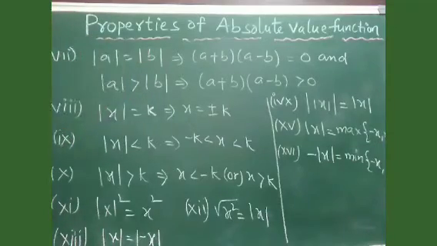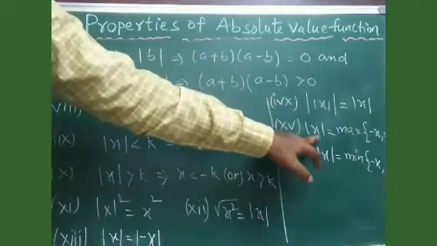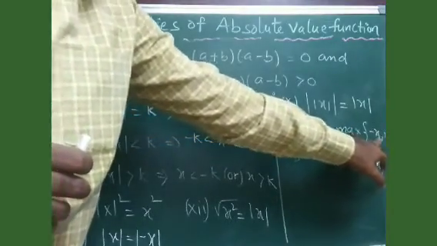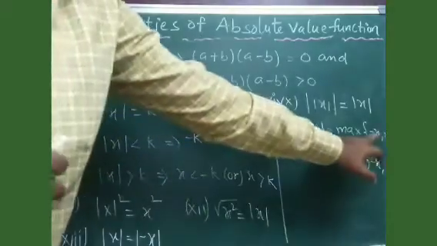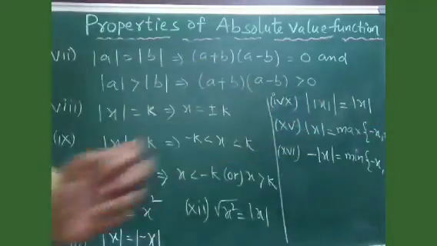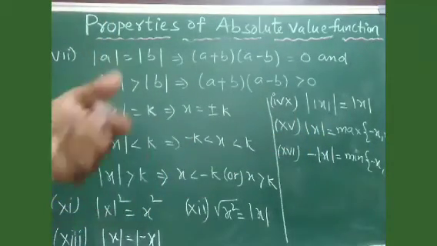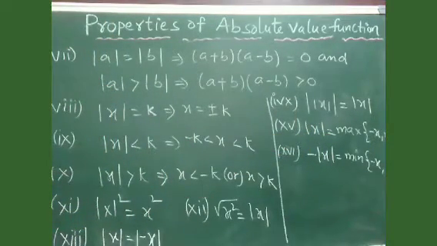15th, the meaning of mod x is equal to the maximum of minus x comma x. Within minus x and x, whichever is the maximum, that we can treat as the value of mod x. That is the absolute value, nothing but the positive one.